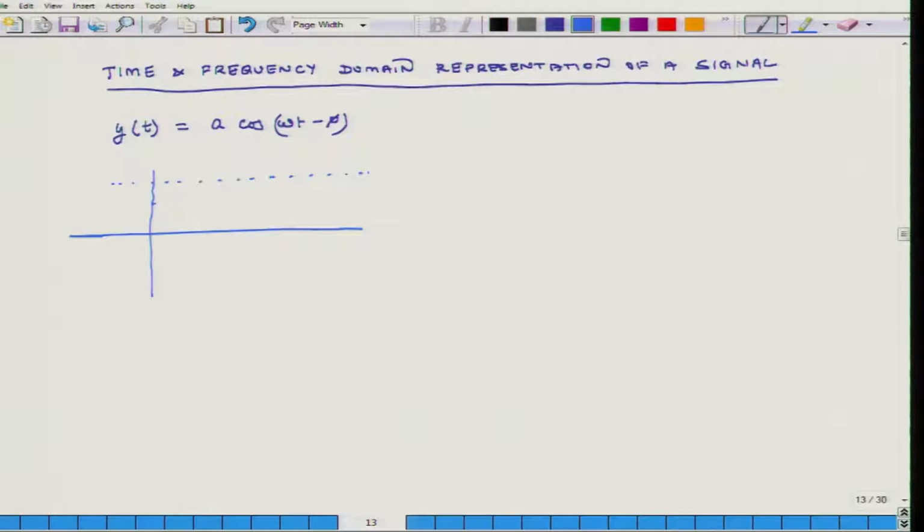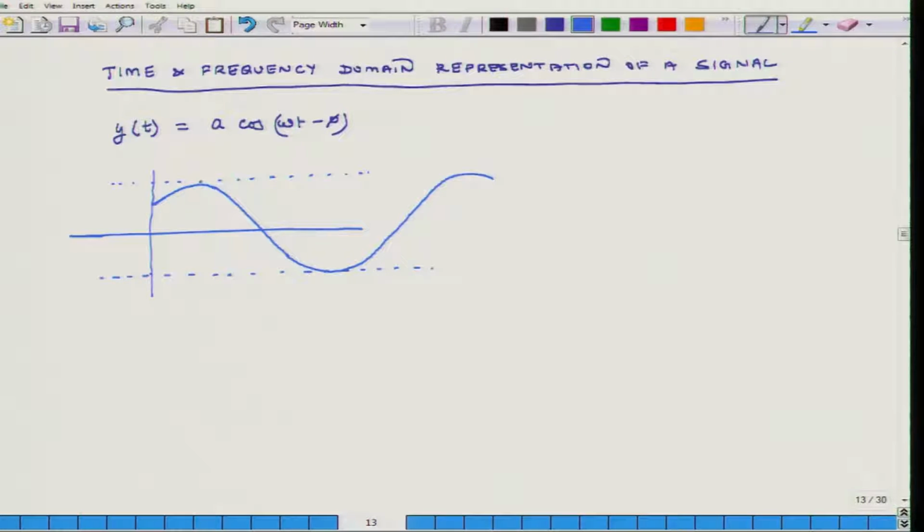So, the signal, and as time increases, slowly omega t will approach phi, and when omega t equals phi, it will be at its maximum. So, the signal will look something like this.